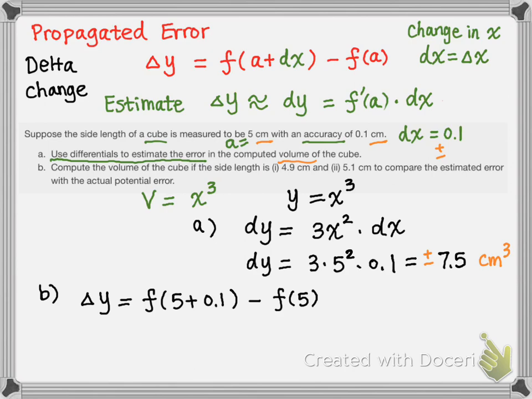What it really means is you calculate the volume at 5.1 cubed, and you minus 5 cubed. That is the actual change in y, or in the volume. Then you use a calculator. We get 7.651, and it's still cm cubed.